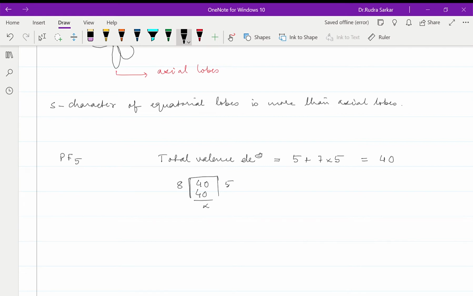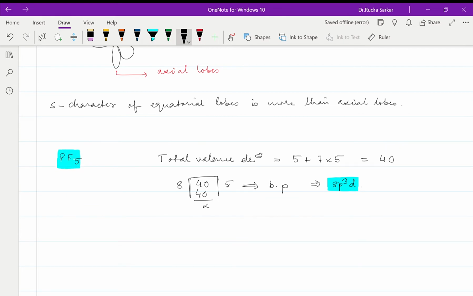So 5 is our number of bond pairs, okay, and so the hybridization we will say is going to be sp3d. So that is how one can calculate the hybridization of a molecule given to you such as PF5.